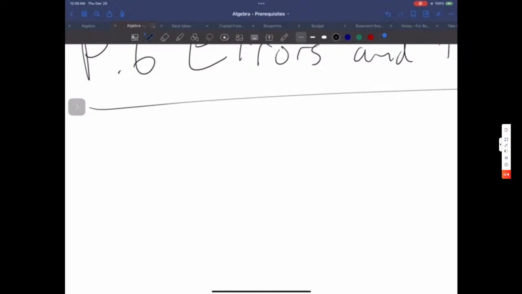One of the first easiest ones that trap people all the time is that A minus the quantity x minus b is not equal to A minus x minus b. Remember that you have to distribute the negative sign into the parentheses. So that is incorrect.